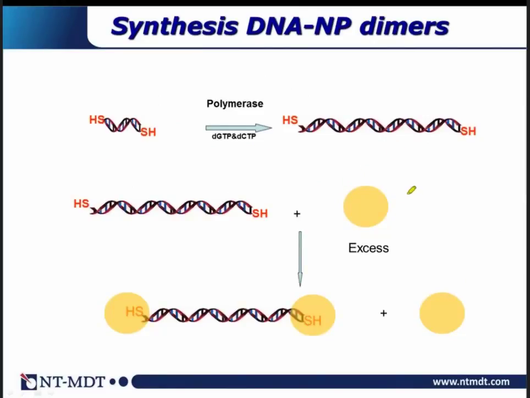In this case, we used silver particles. Well, we can use gold as well, but the experiments, at least those I'm going to present, were made with silver. So we mixed it with silver. Actually, there is no difference, but I will show you experiments with silver nanoparticles, which are yellow. Gold nanoparticles are red. So now you mix them again with an excess of silver particles, and they interact with SH groups covalently, tightly.